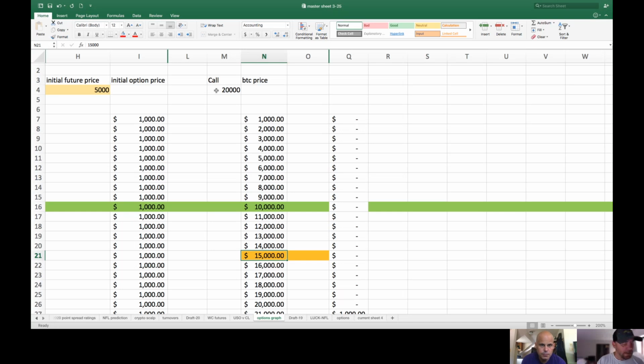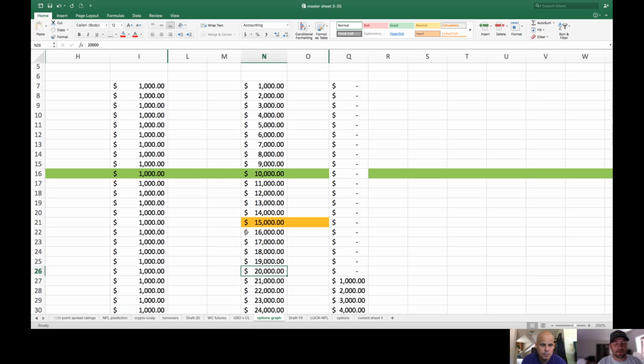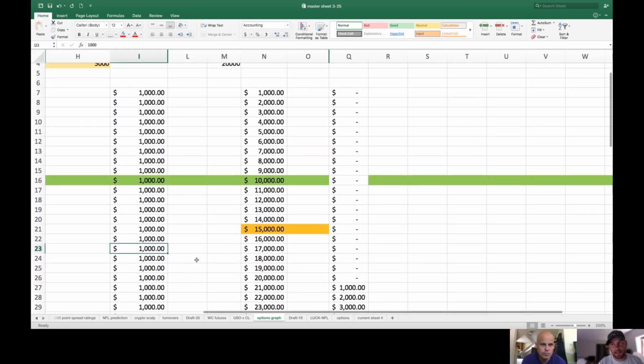And so if I have the fear of missing out, I can participate to the upside by buying a $20,000 call for $1,000, let's say. These are hypothetical prices, and depending on how much time you want to cover, for $1,000 it would be a pretty significant time frame.